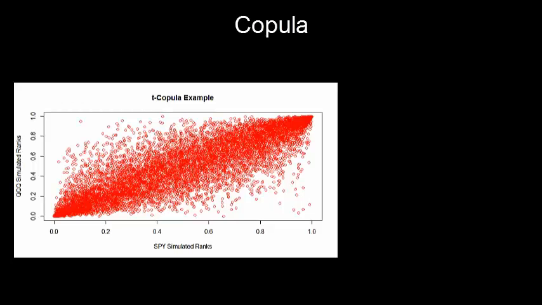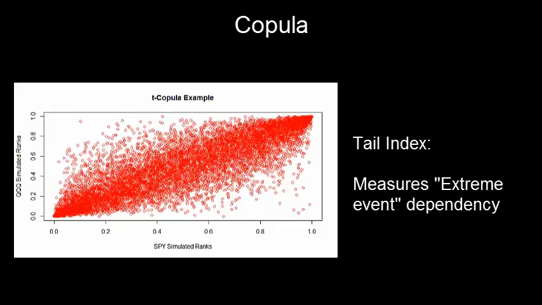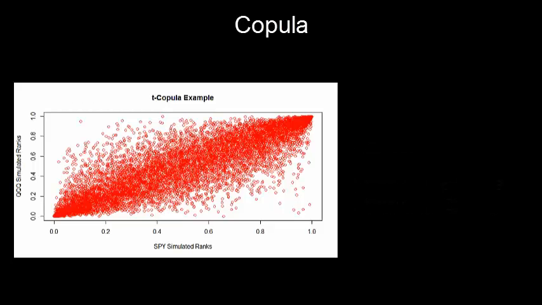Tail index is a statistical formula to measure the dependence of extreme events. This measurement ranges from 0 to 1. 0 indicates no change in relationship when extreme events occur. Higher values indicate stronger relationships during extreme events.